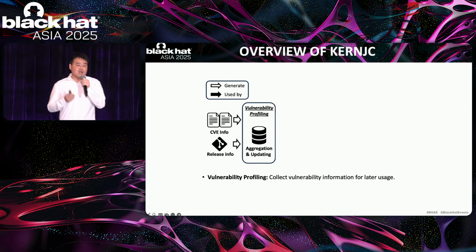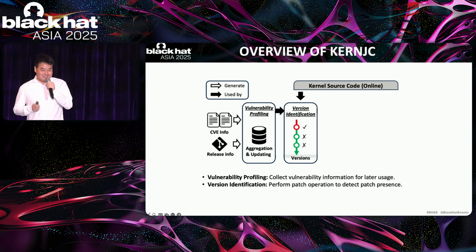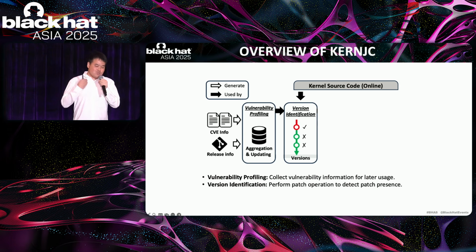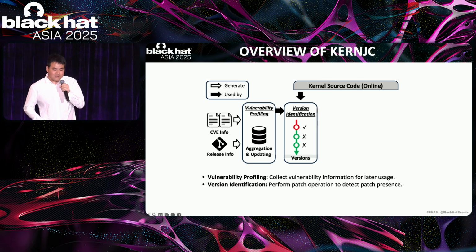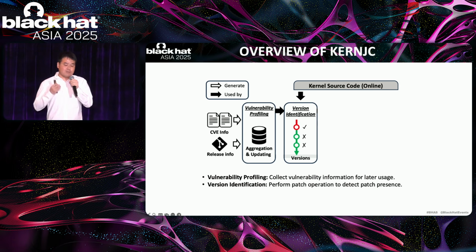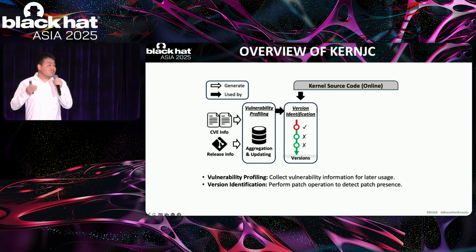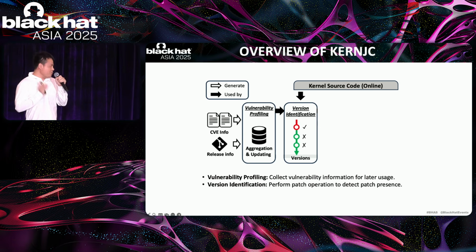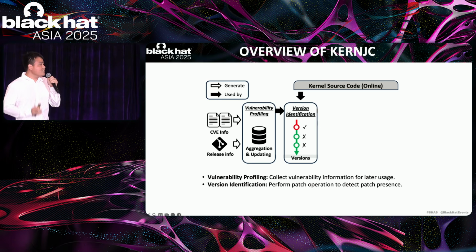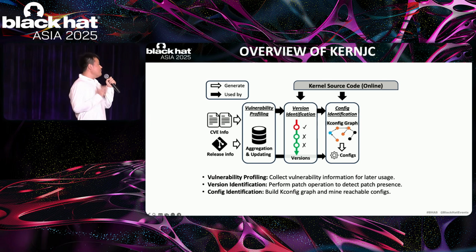Given the basic information about the vulnerability, the next step is to select the correct version that has the vulnerability. To do this, we perform patch analysis to detect the vulnerable version. Given the vulnerable version, it is not enough to reconstruct the vulnerability environment, and we need to identify the correct configs to build the environment.